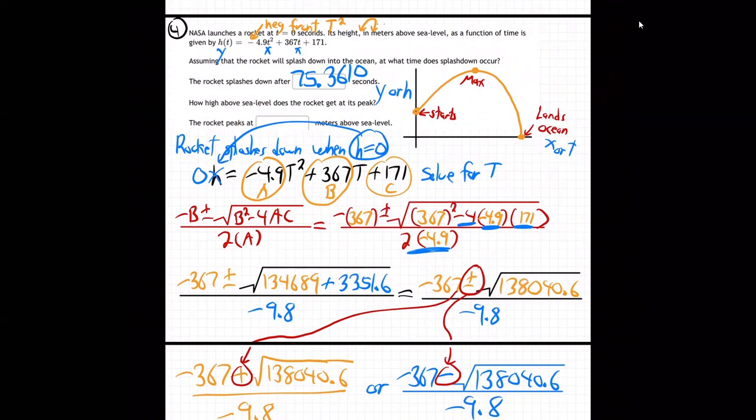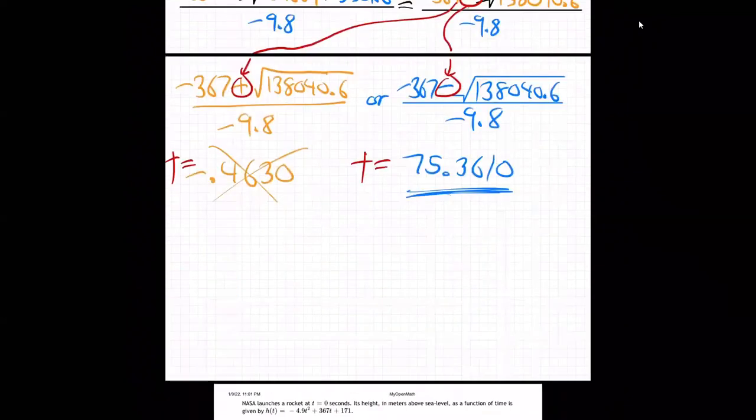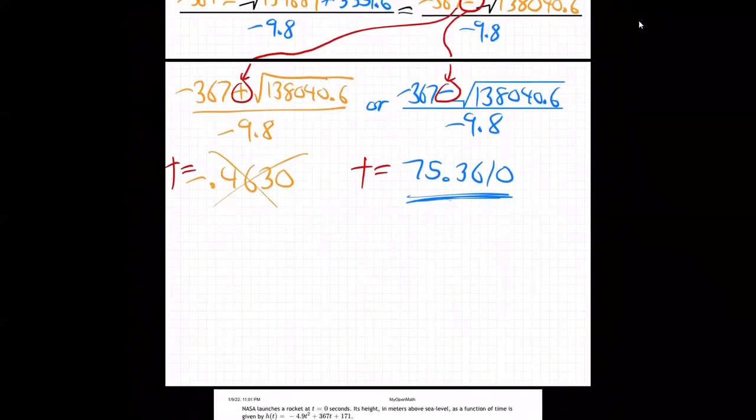Now the second part of the question, they ask us, how high above sea level does the rocket get at its peak? Well, here's the peak right here, the maximum, right? That's when the rocket is at its highest point. How do we find the maximum? So let me do that right here.